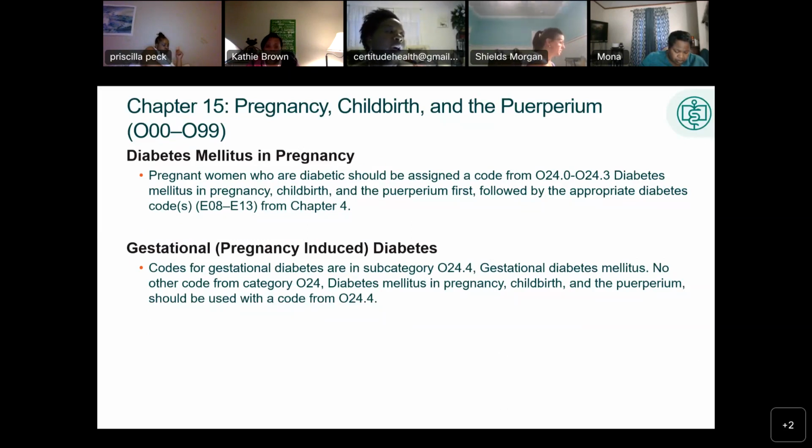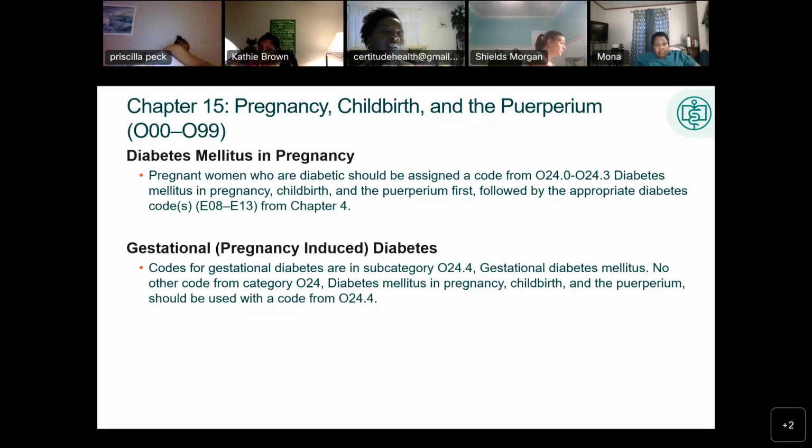Yes. So chapter 15, diabetes in pregnancy. Pregnant women who are diabetic should be assigned a code from O24.0 to O24.3 and followed by the appropriate diabetes code from category E. This is unique because with some of the other pregnancy complications, you only needed the O code and the weeks of gestation.